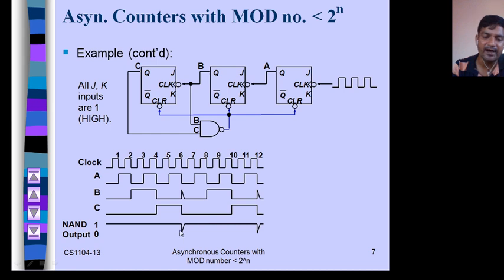Till 5 the output is high. When its value becomes 6, the output of the NAND gate becomes low.